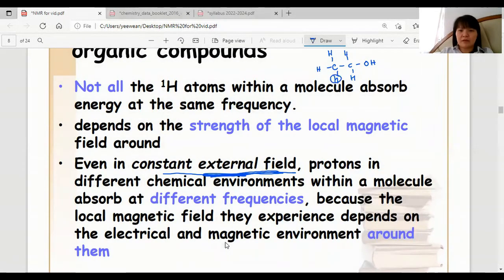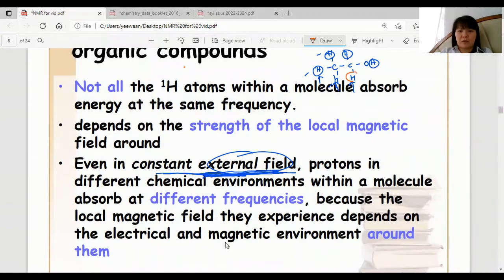Even though these protons are in the same molecule and we put them into the same NMR instrument, they've got the same constant external field. When we say external here, we mean the NMR instrument. So they all feel the same from the instrument, but they are different when they've got different environments.